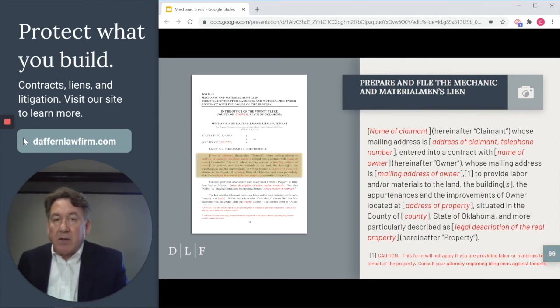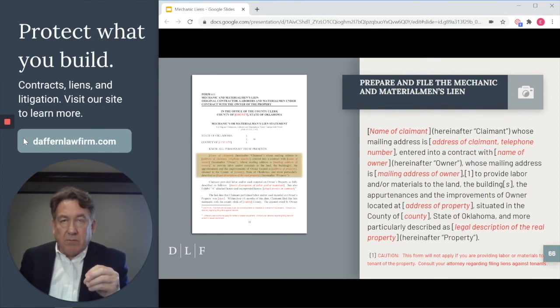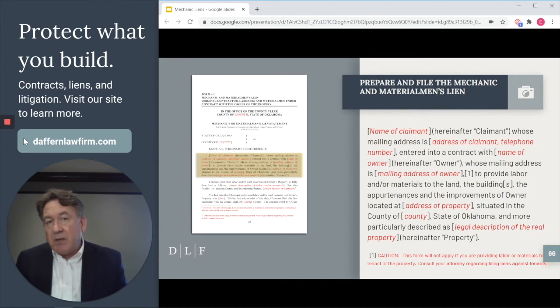Because again, I want to remind everyone that if you put a lien on property improperly and it causes damage to the property owner and you didn't have the right to file the mechanic lien against that property, there's consequences. And they could be very serious consequences, including damages and attorney's fees back against you. So I just want to be very clear that dealing with tenants is something you always need to be very careful about.